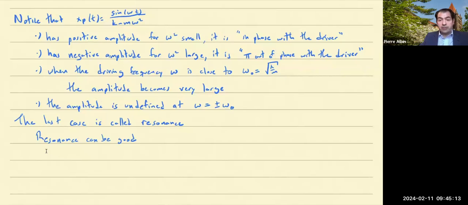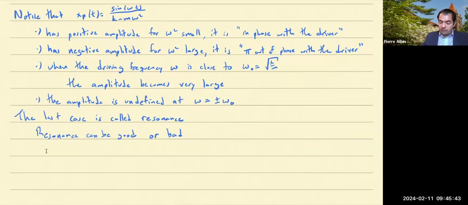For example, if you're designing a concert hall or constructing a musical instrument, then there are some resonances you're looking for. Or it can be catastrophically bad, like if you're constructing a bridge or a building. If you've never seen the videos of the Tacoma Bridge, you should definitely look those up. In any case, resonance is a very interesting phenomenon that you want to study and understand because you either want to promote it or avoid it.